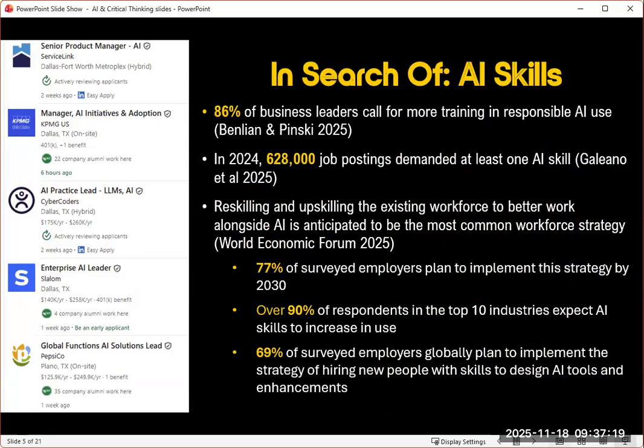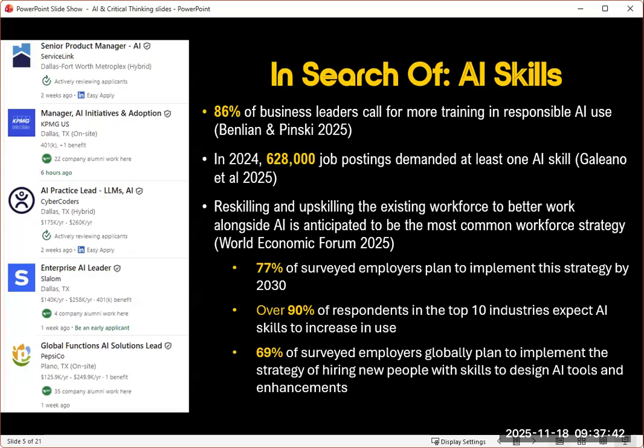AI literacy is in increasingly high demand in the workforce and beyond. Employers are definitely seeking professionals who can leverage AI tools and strategies, making AI really an important 21st century skill. And here are just a few statistics that bear that out.